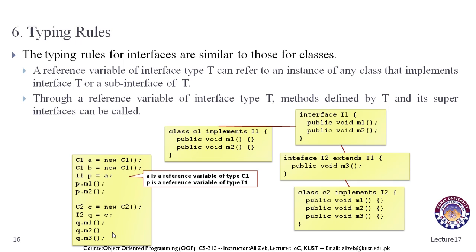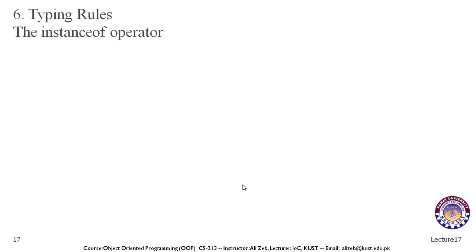A is a reference variable of type C1. P is a reference variable of type I1. So A is basically an object of class C1, and P is a reference variable of type interface I1. The same as Q is a reference variable of type I2.